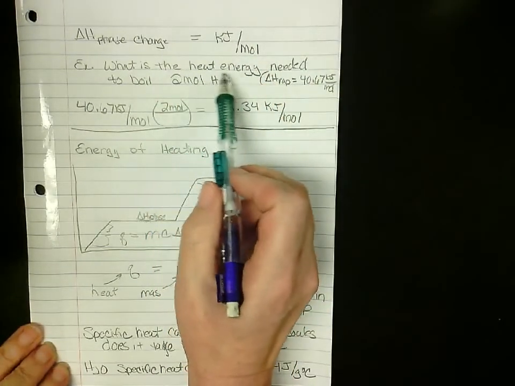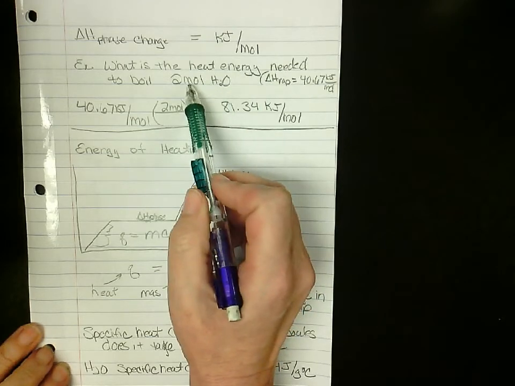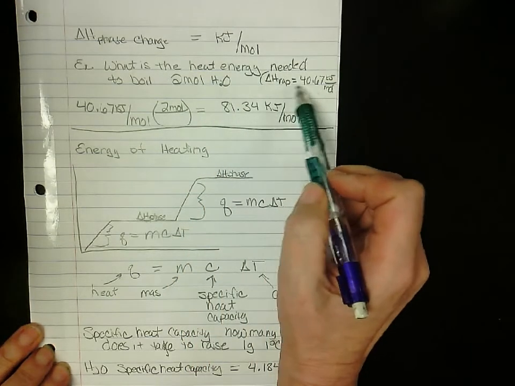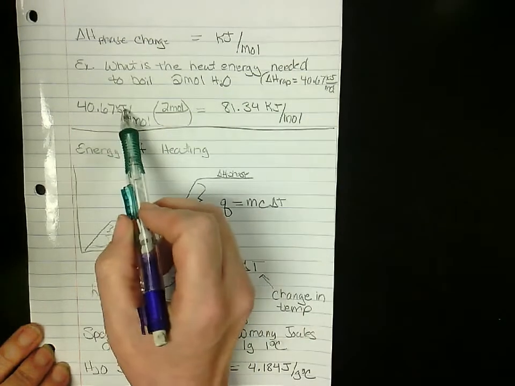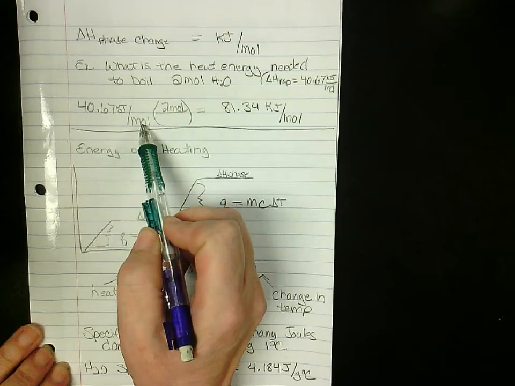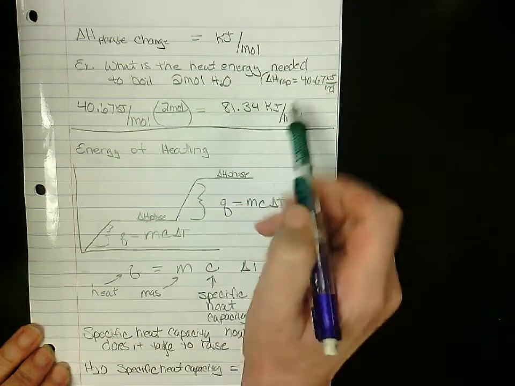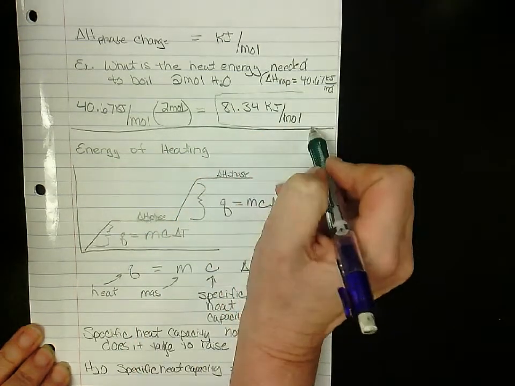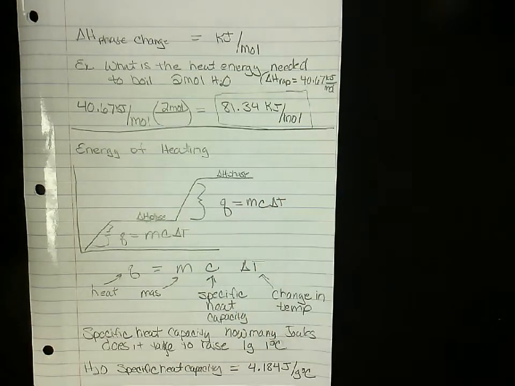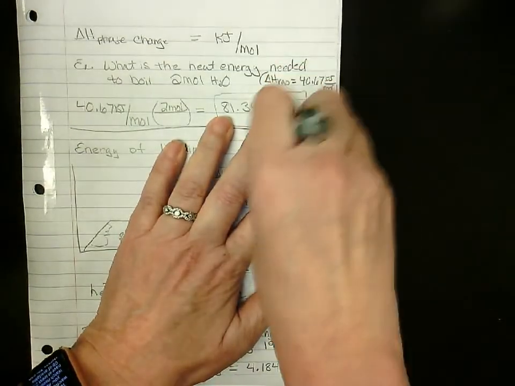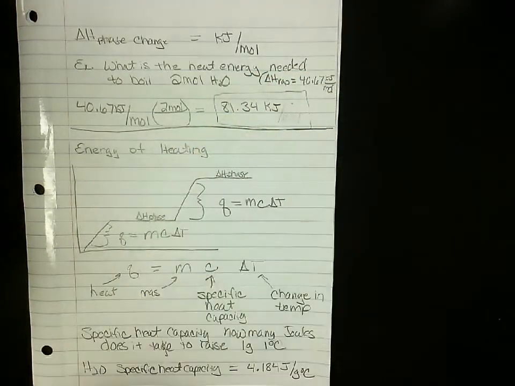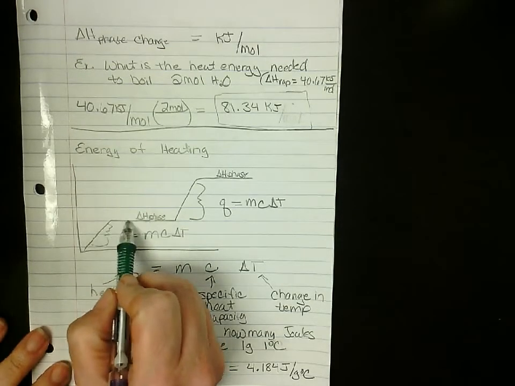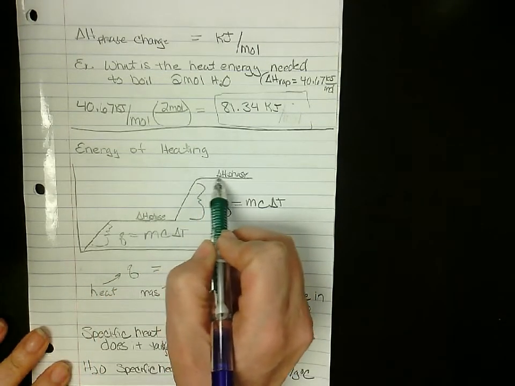So if I ask you what is the heat energy needed to boil 2 moles of H2O, and the delta H of vaporization is 40.67 kilojoules per mole, I just take that many kilojoules per mole, but I want to boil 2 moles, so I multiply it by 2, and that much heat needs to be added. Kind of did that wrong, just kilojoules because we have it for 2 moles. Okay, and now that just does our phase change part.